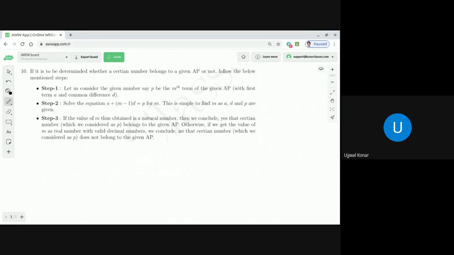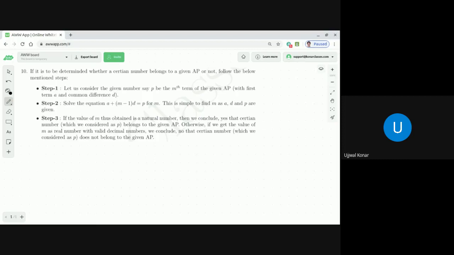Step one: we assume, if possible, that there is a number p which is the mth term of the given AP. From there we find that a plus (m minus 1) into d should be equal to p, and we will find the value of m.